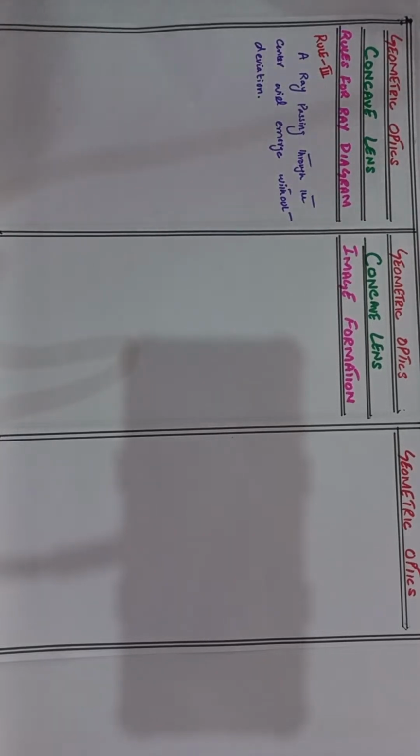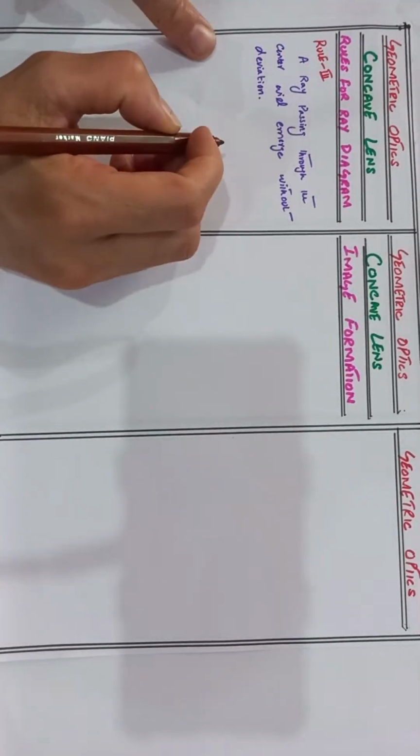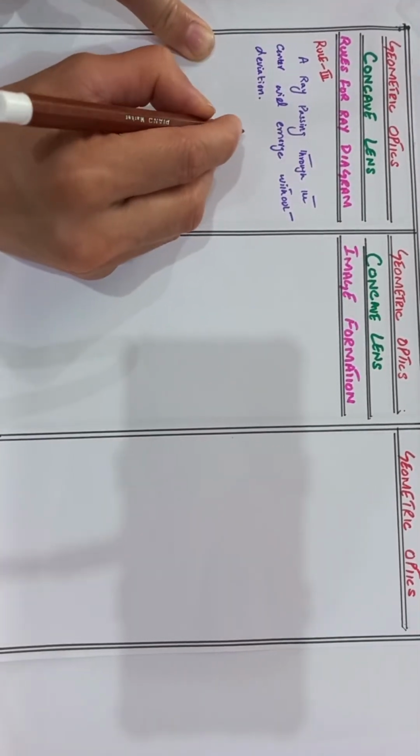So here we draw the concave mirror first. Then we discuss how the ray passes through the center and passes without deviation.